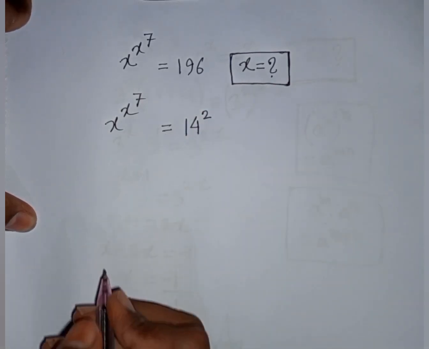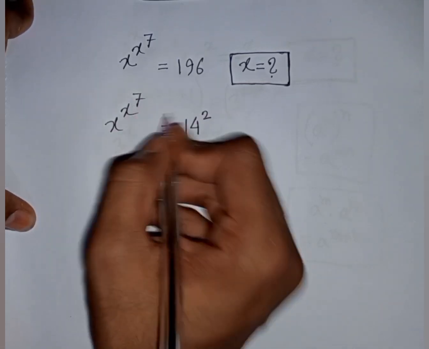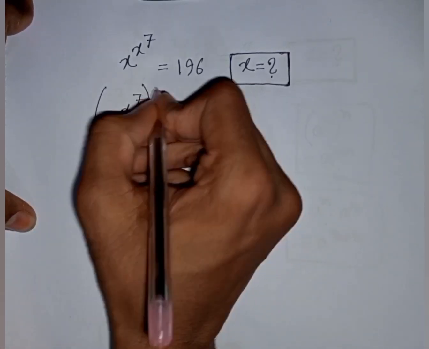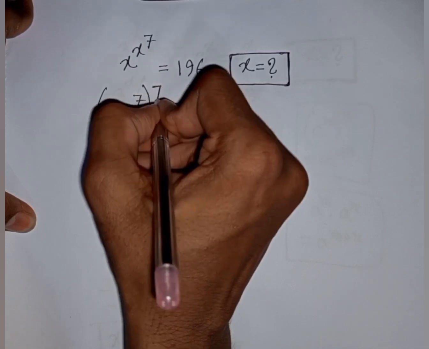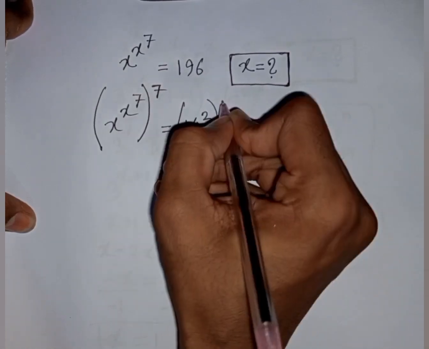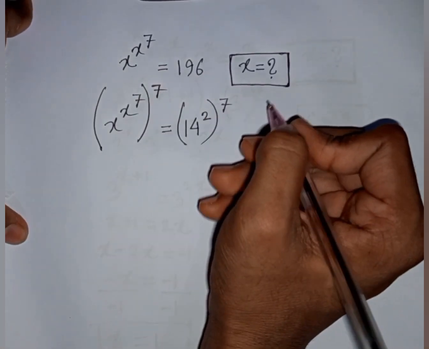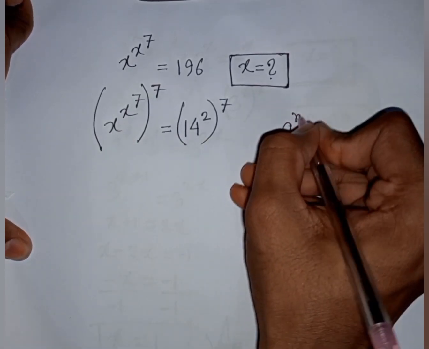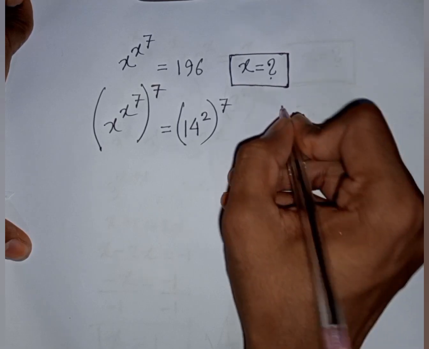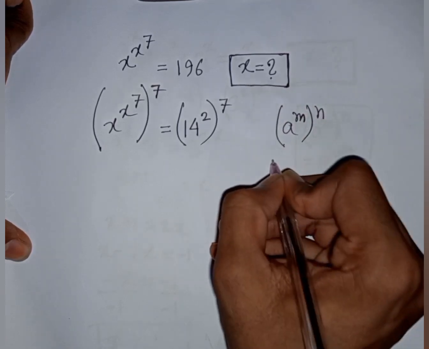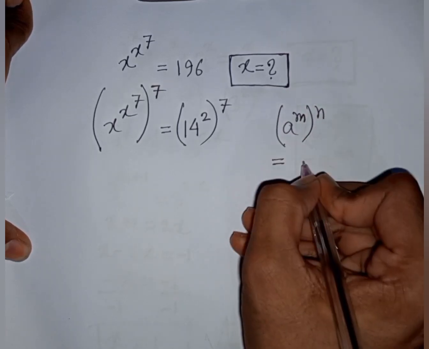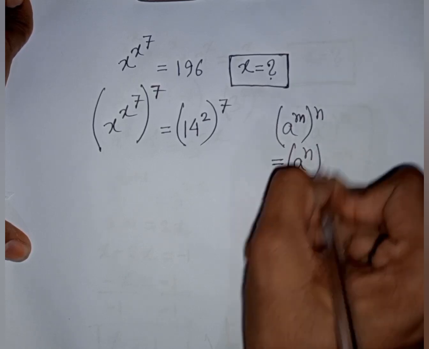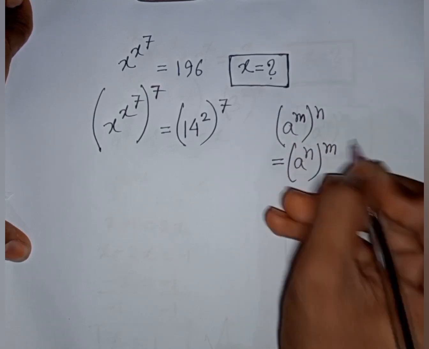Now we multiply by the power of 7 on both sides. Now here I can apply this exponential rule that (a^m)^n is equal to (a^n)^m.